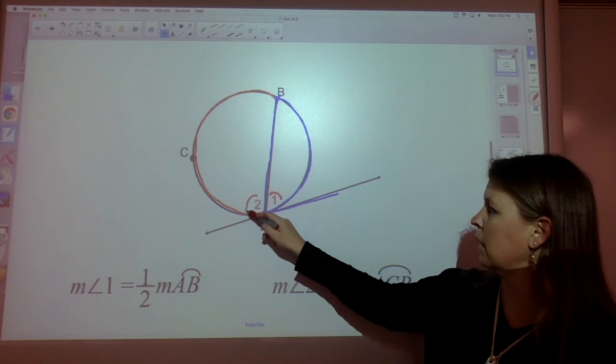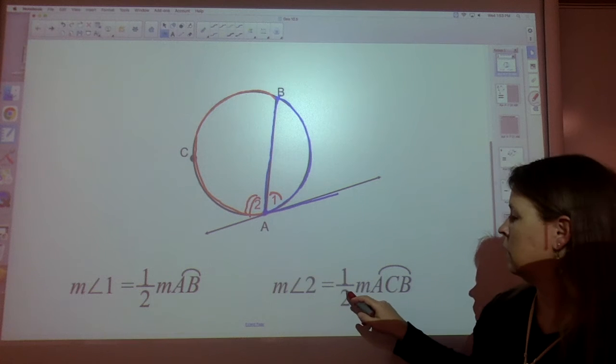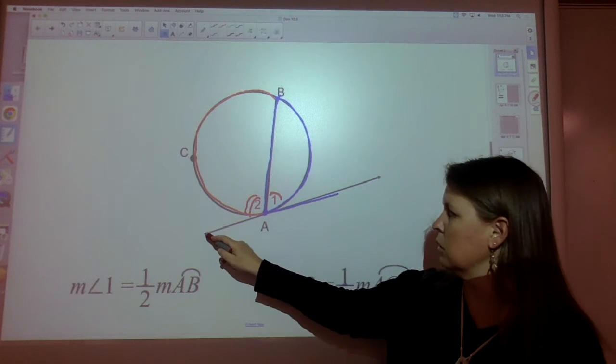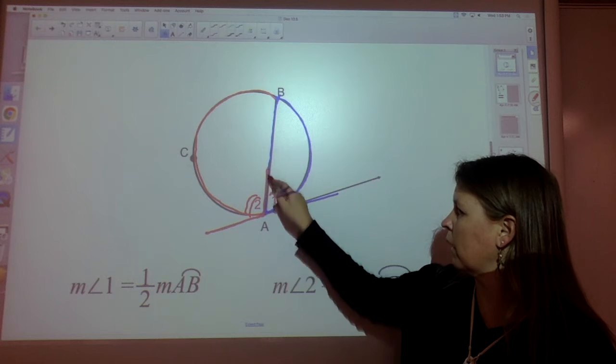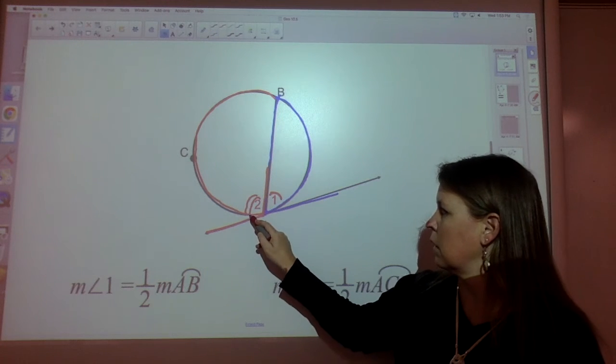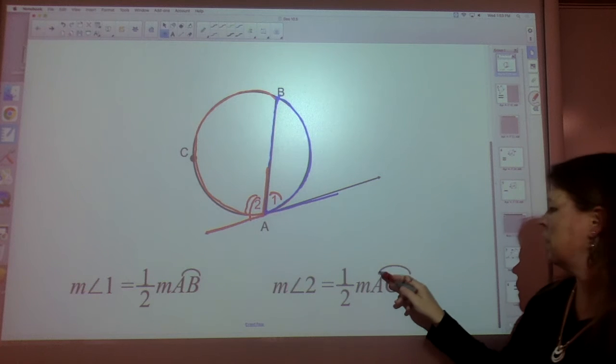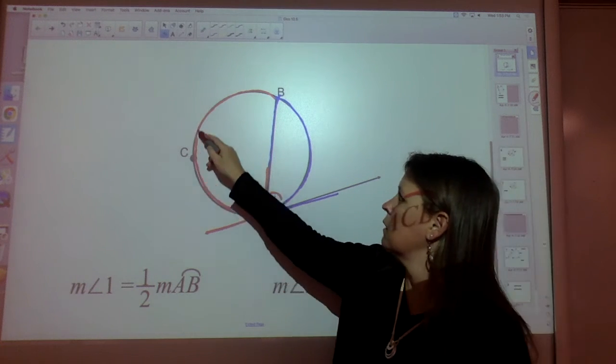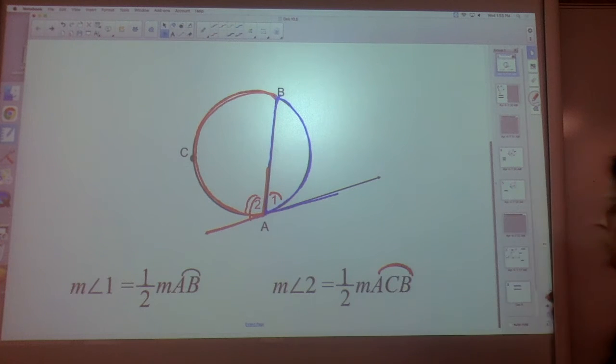But the red angle, angle 2, is half the measure. So here's angle 2, and angle 2 actually goes all the way like this. It's half of the measure, and now we have major arc A to C to B. Think of that.